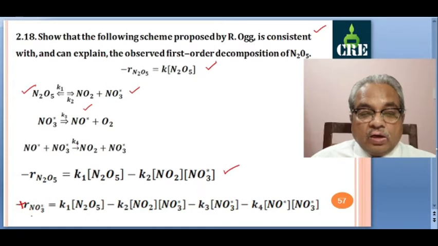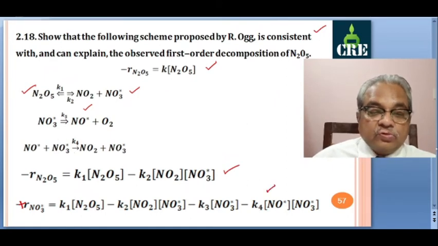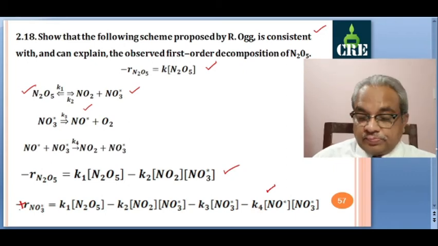NO3 is formed K1 N2O5 minus K2 NO2 into NO3 star. Then in this reaction K3 NO3 star, it is disappearing, so minus sign, minus K3 NO3 star. In this reaction also it is disappearing, so minus K4 concentration of NO star into concentration of NO3 star. So this is the rate of formation.